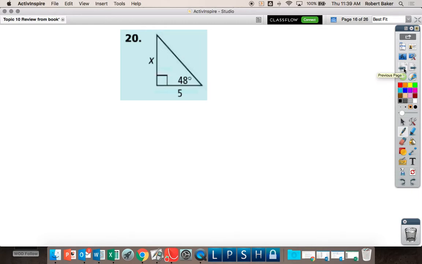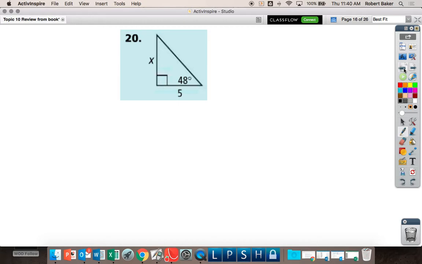20 and 21. So, what are we trying to do here? Pythagorean theorem, special right triangle, straight up trigonometry, law of cosines, law of sines, trig. This is trig. So you asked 20 and 21, right? Which trig function do you want to use?